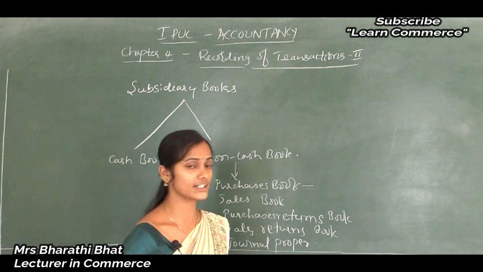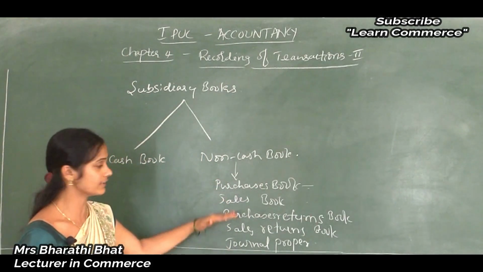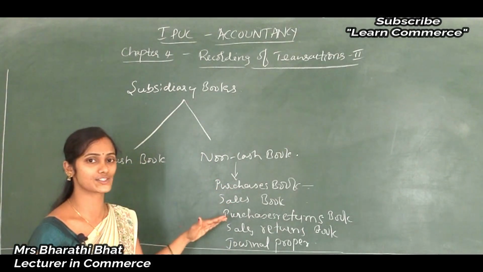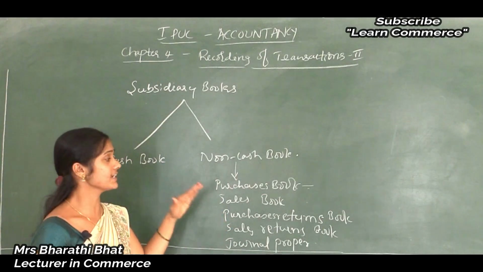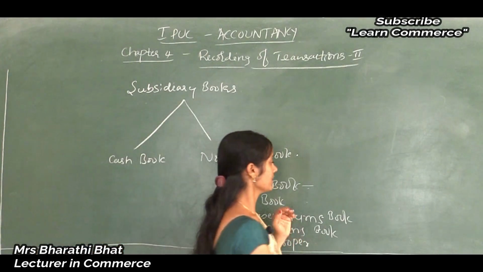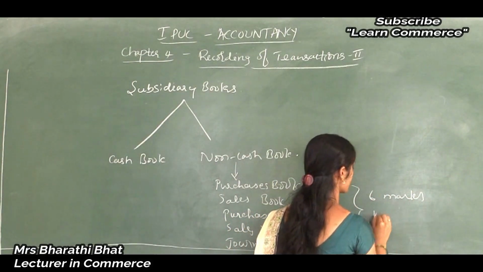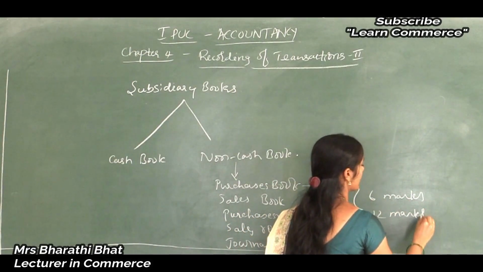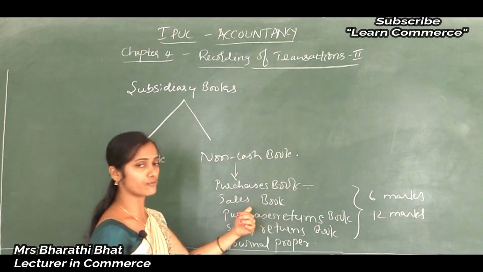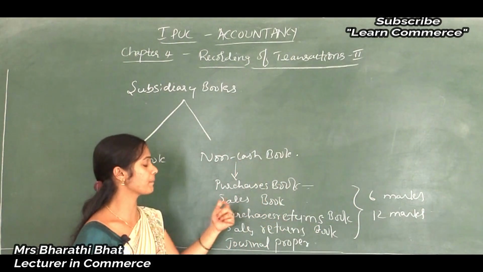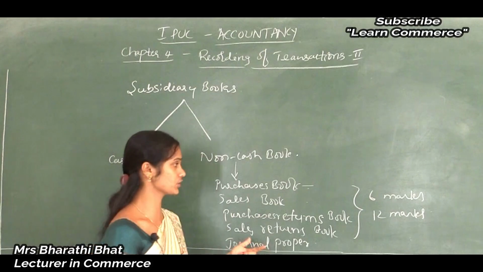Let's discuss one by one, starting with the purchase book, and how to solve the illustrations relating to it. These are very simple, and from this, 6 marks and 12 marks questions will come, like prepare a purchase book from the following transactions, or prepare a sales book from the following transactions.